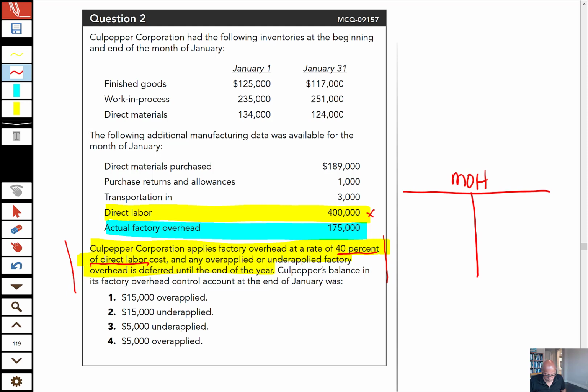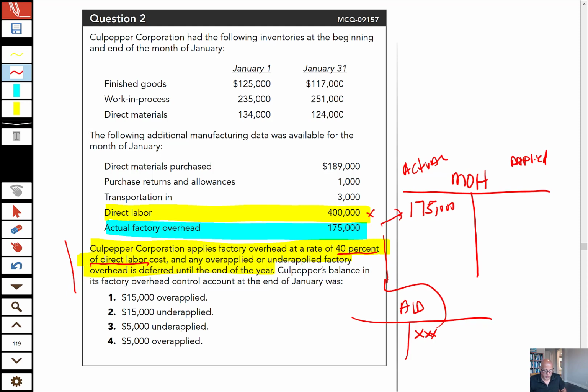And we have the amount that was the actual. Actuals are over here. They gave me that actual. Applied is over here. The actual they gave me, that's a debit. The corresponding credits would be to different accounts, say, rent payable on the factory building, etc. And that's the actual.